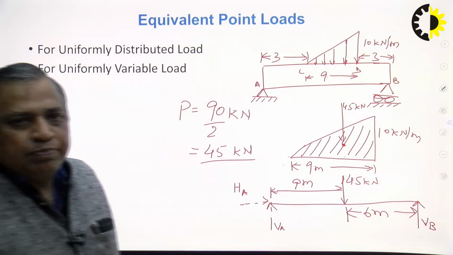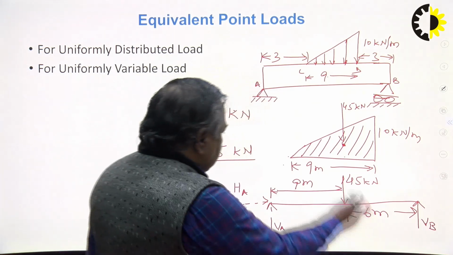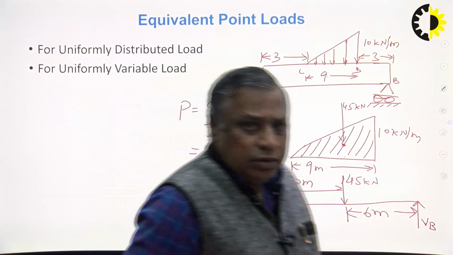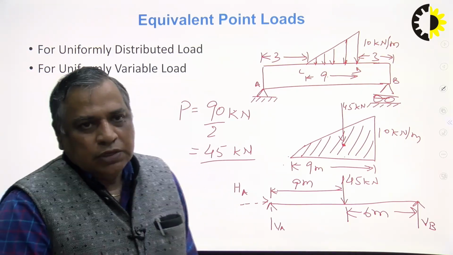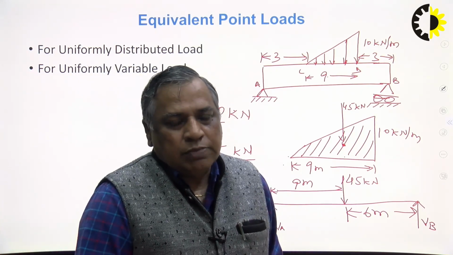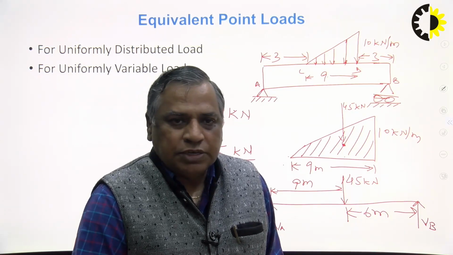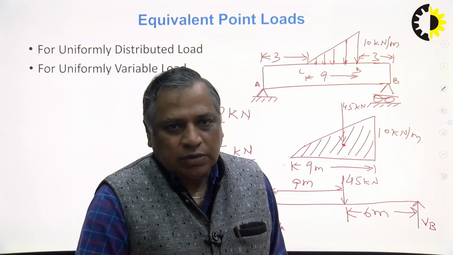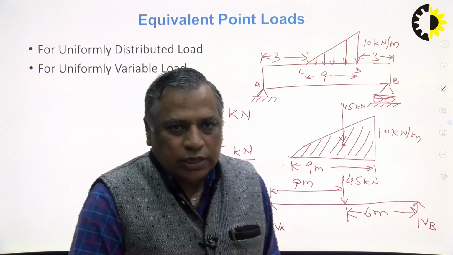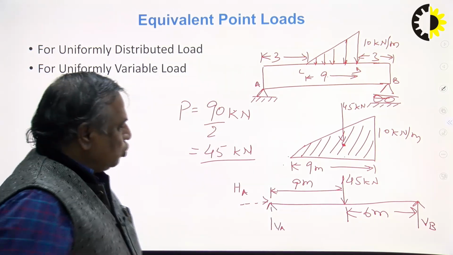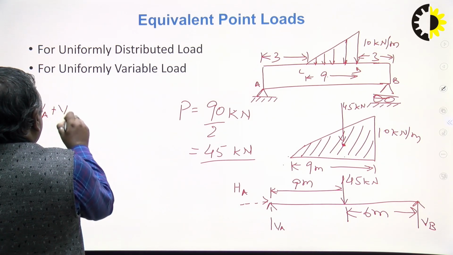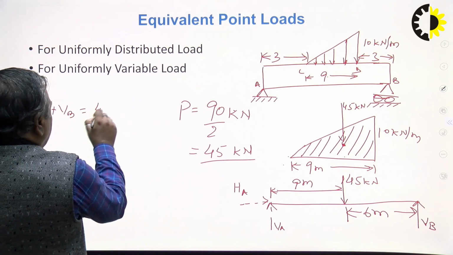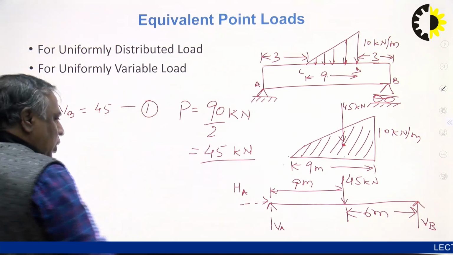Now the problem becomes simpler for the analysis, and we can apply the equations of static equilibrium. Summation Fx is equal to 0, summation Fy is equal to 0, and summation M is equal to 0. So here summation Fy is equal to 0. So we will write VA plus VB is equal to 45 kilonewton. This is equation number 1.